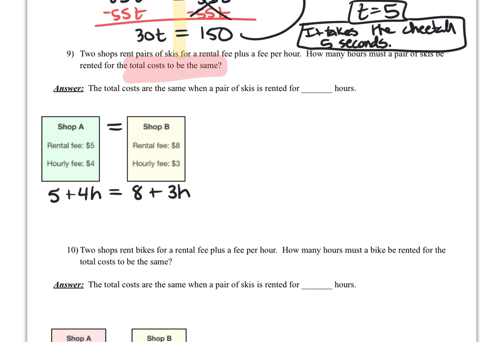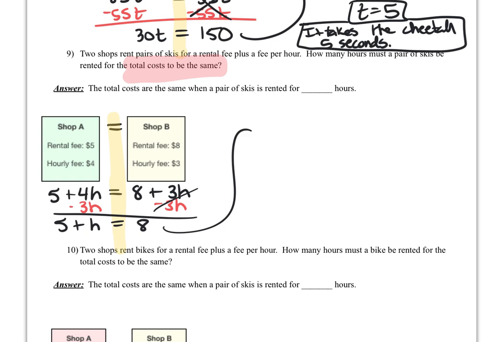So that's what I'm going to do. If I want to make that 3H 0H, what do I do? Subtract 3H. Good. Do that from both sides of your equal sign. Okay? So now I have 5 plus 1H, which is just H, right? Equals 8. I ran out of space here. I'm going to draw my arrow.